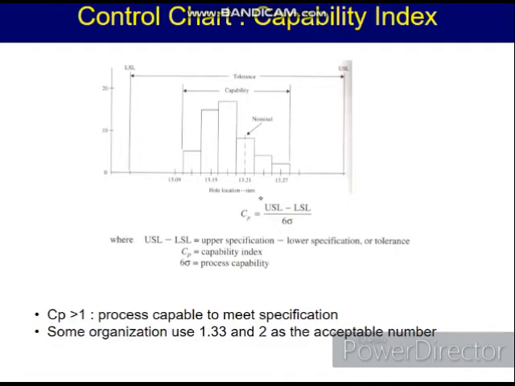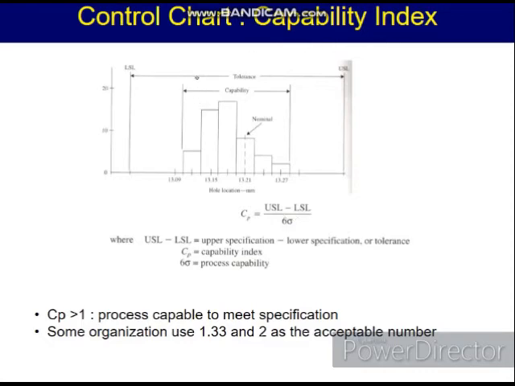The capability index can be calculated using this equation: capability index equals upper spec limit minus lower spec limit divided by 6 sigma. If you remember the control charts that we covered prior to this, the distance between the upper control limit and lower control limit is plus minus 3 sigma. So this is where it comes from.